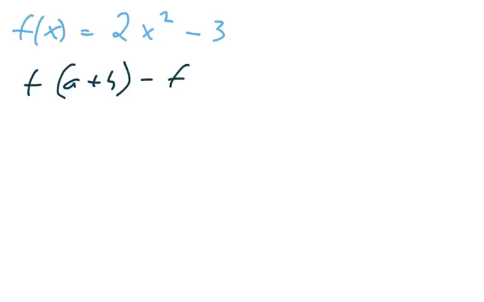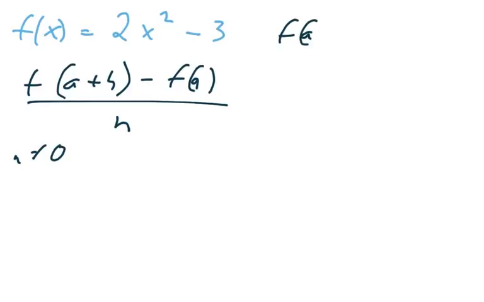So let's try another one. Let's do f of x equals 2x squared minus 3. And let's use the formula that we had in our notes. And it says that h isn't equal to 0, because if we had h equals 0, then we wouldn't do it.